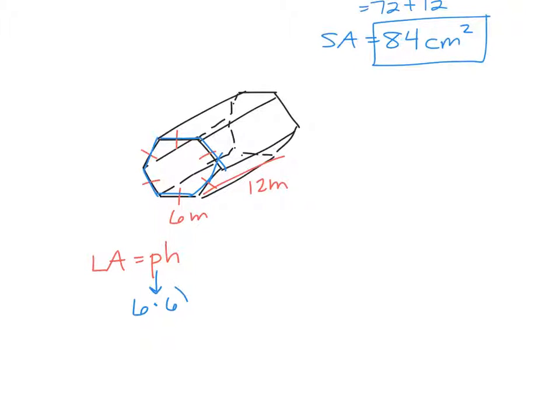So 6 times 6 is P. Okay? What is H? It's the 12. It's the distance between the two bases. Okay? So your lateral area right now is 36 times 12, which is 432 square meters.